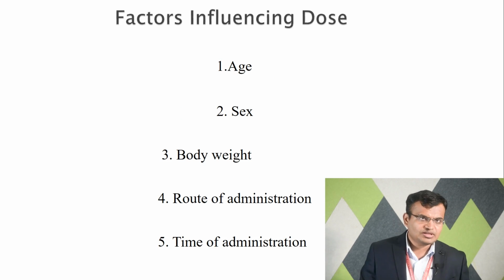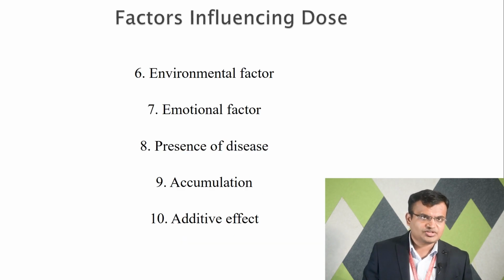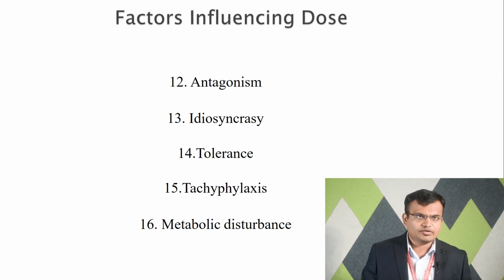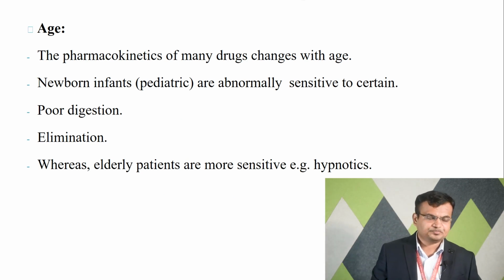So again, we'll see what exactly the factors are: age, sex, body weight, route of administration, time of administration, environmental factor, emotional factor, presence of disease, accumulation, additive effect, antagonism, idiosyncrasy, tolerance, tachyphylaxis, metabolic disturbance. We'll see each individual one in detail.